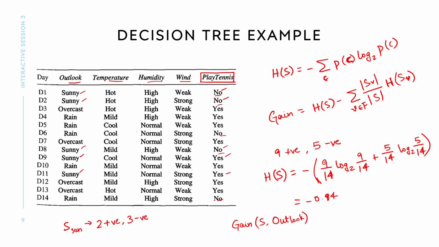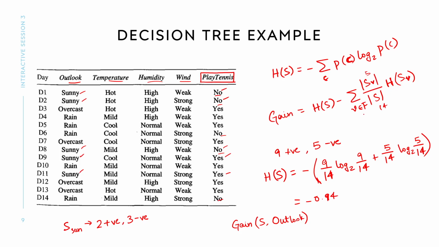So I have a total of five, and so H(S_sunny) will be minus 2 by 5 log base 2 of 2 by 5 plus 3 by 5 log base 2 of 3 by 5, like that. Okay, and H(S) is already there. The number of examples in S_sunny is 5, and the total is 14. So yeah, you get the idea.